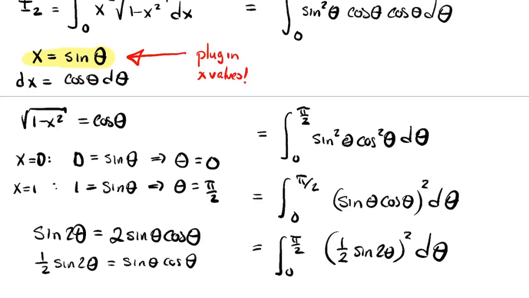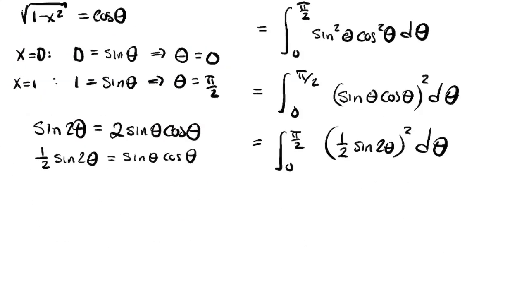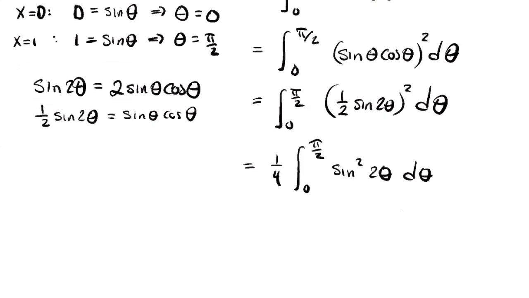All right, so proceeding. The 1/2 squared is a quarter. It's a constant. It can come out front. Integral from 0 to pi over 2 of sine squared of 2 theta. So how do we integrate sine squared? Well, we do it with the identity, right?